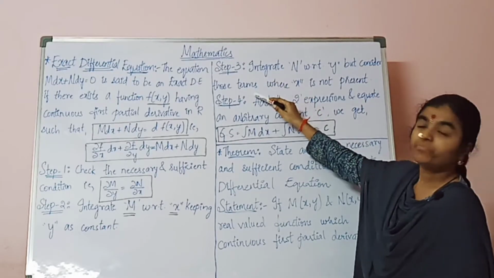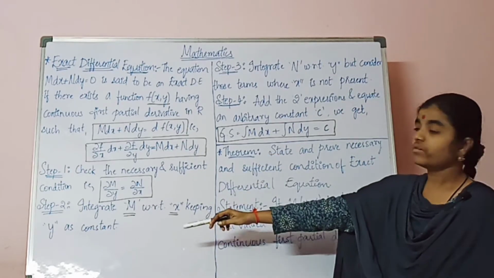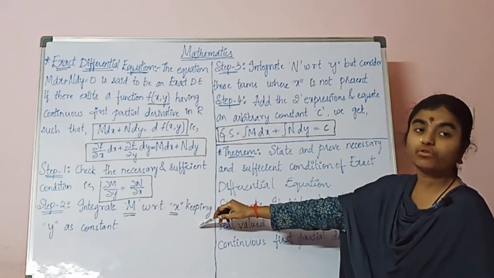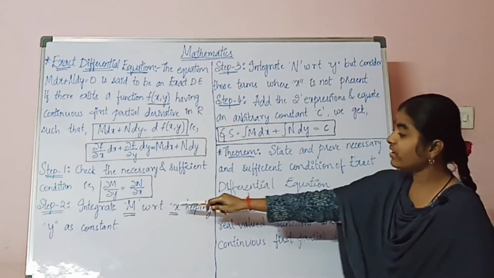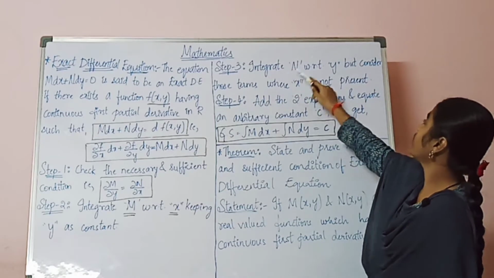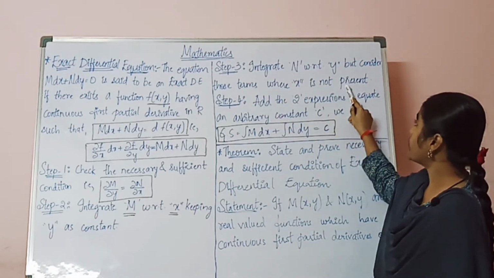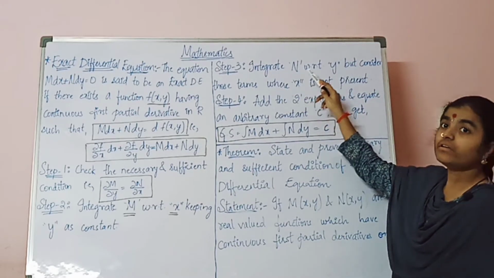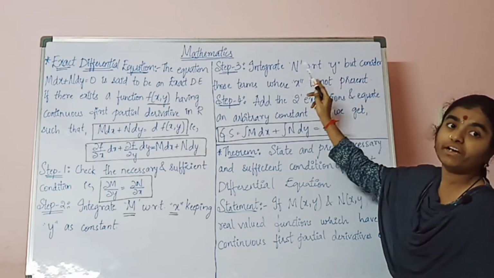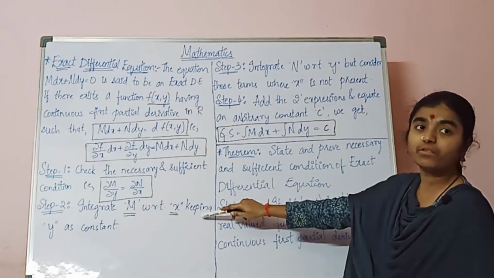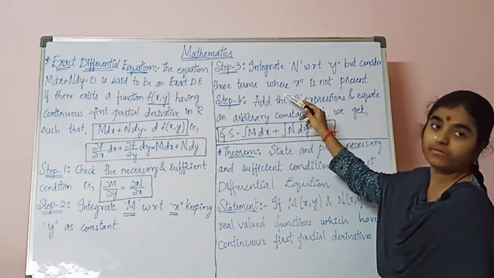Going to step 3, integrate N with respect to y, but consider only those terms where x is not present, that is, only the y terms. Here we are not considering x terms.